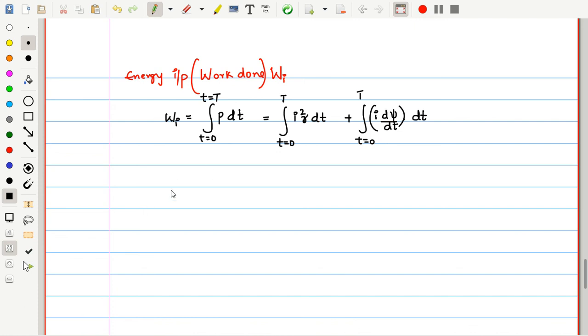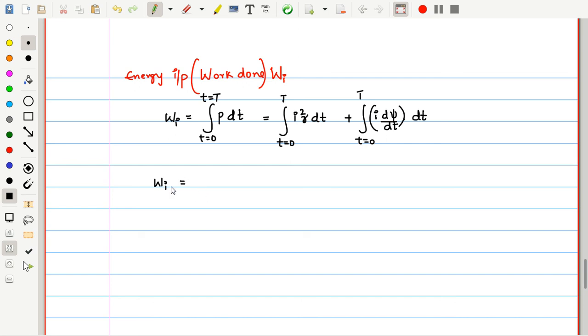So let me put that expression over here. So Wi is equal to Wi, you can express these things as they are, no issue.